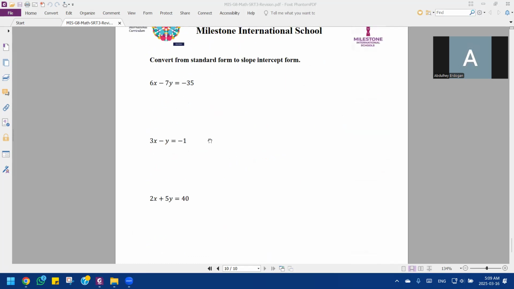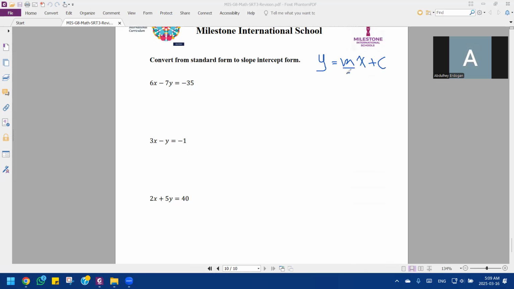Okay. This question says, convert from standard form to slope-intercept form. What is slope-intercept form? When I have y is equal to mx plus c.